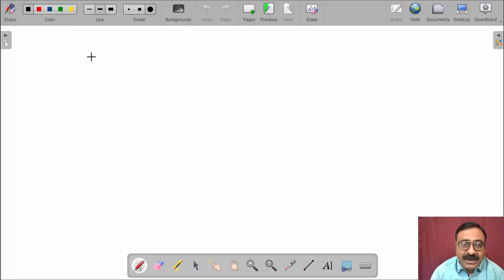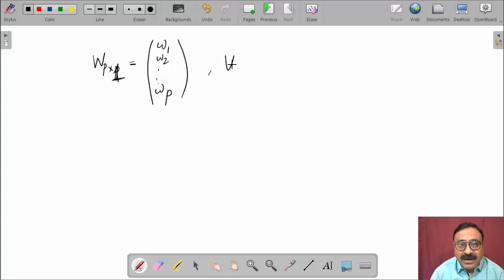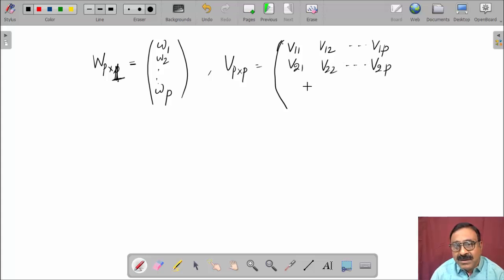We define a p cross 1 matrix, that is the matrix of the weights w1, w2, up to wp, and a p cross p matrix V consisting of the variances and covariances V11, V12 up to V1p, V21, V22 up to V2p, then Vp1, Vp2 up to Vpp.